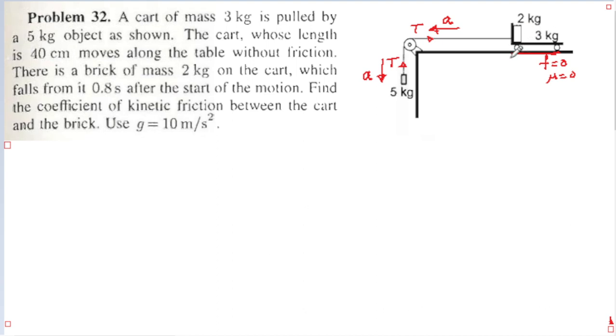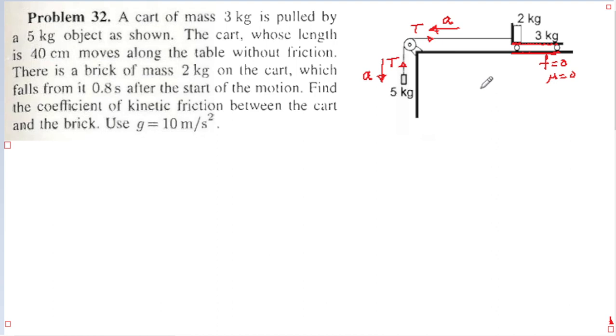And if we observe the cart, the surface between the brick and the cart is not frictionless, there is some certain friction between the surface of the cart and the surface of the brick.